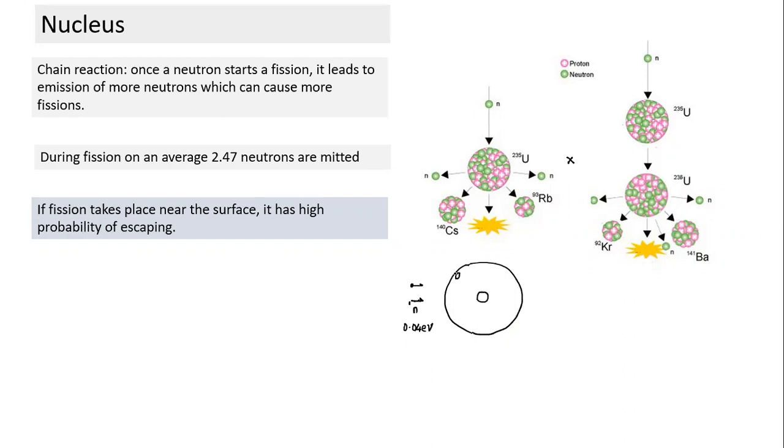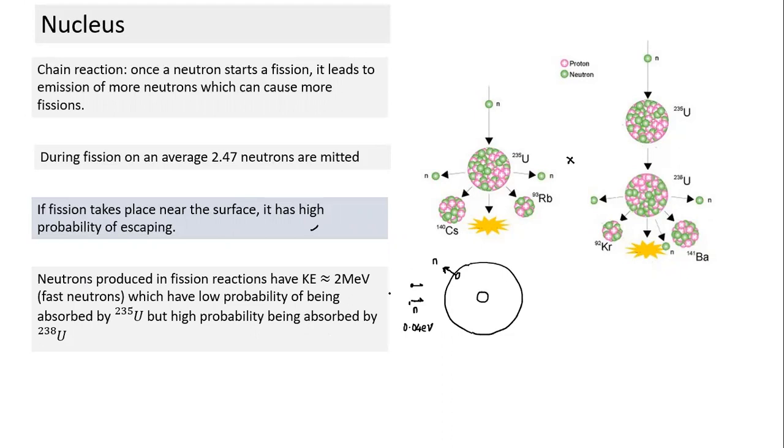If it happens near the surface, quite likely the neutrons which get emitted may escape, and if they escape, they will not trigger further nuclear reaction. If the fission takes place near the surface, it has a high probability of escaping. So the larger the surface area, the greater the possibility that the neutrons generated will escape. That's one point we understand here.